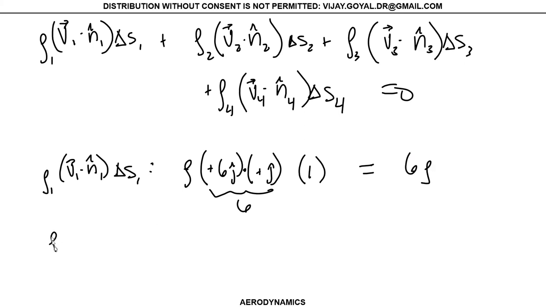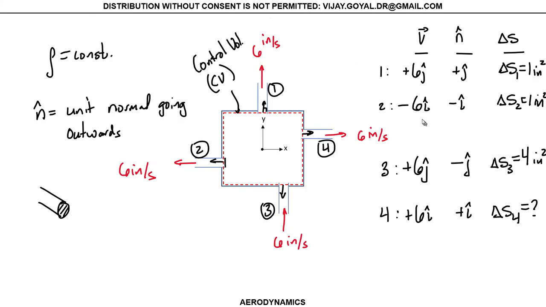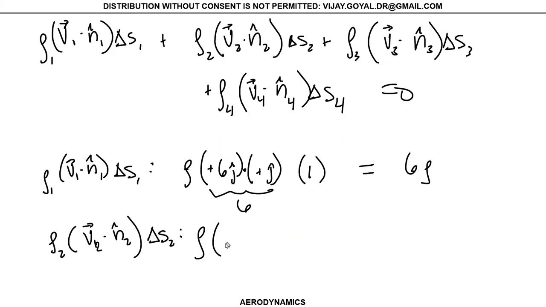The second one is rho 2, velocity vector 2 dot N2 delta S2, and all the densities are the same. I'm going to call them rho. Go back to your table. This is minus I dot product.